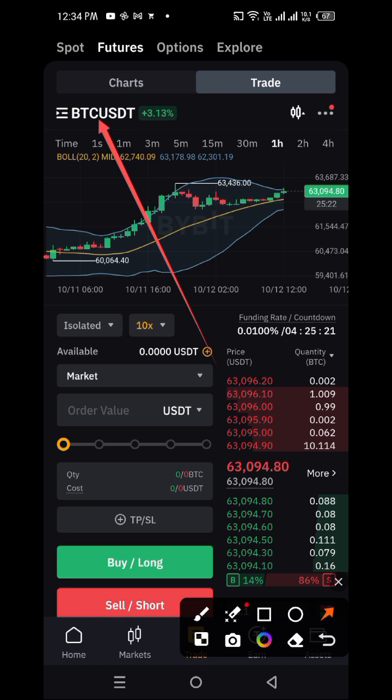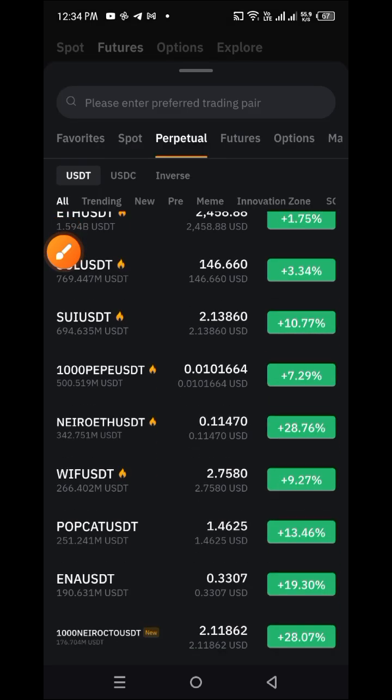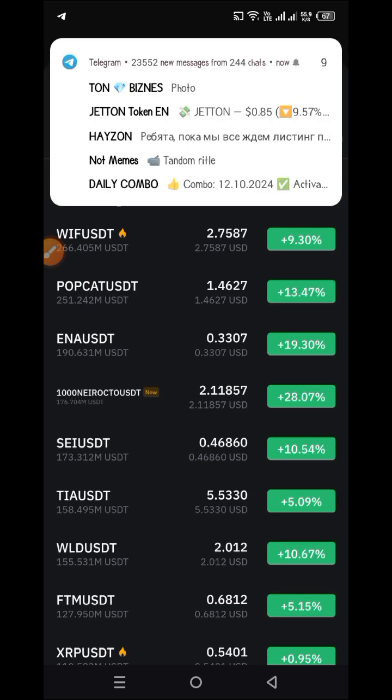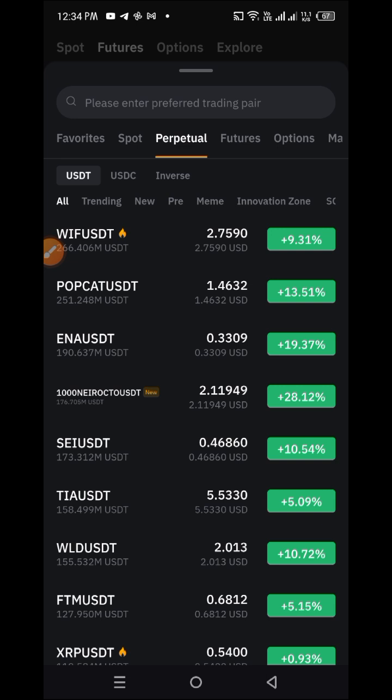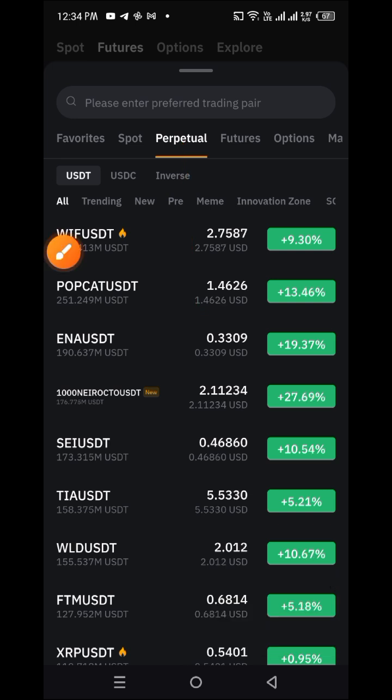What we have presently is the Bitcoin against USDT pair. So you click on it and you see a list of different pairs you can use against USDT. And take note, I have mine set to perpetual. You make sure it's on perpetual, because with perpetual trading, you can trade in both directions. You can trade on an uptrend, on a downtrend, on a ranging market. That's how you use perpetual.